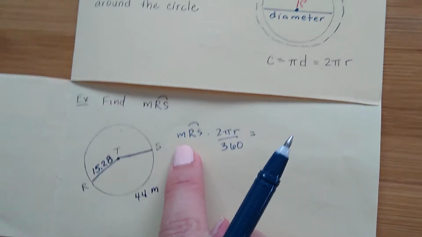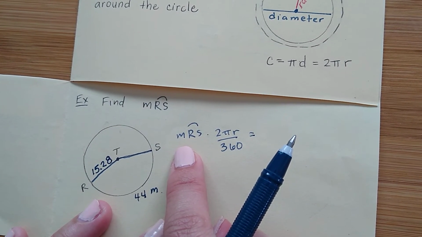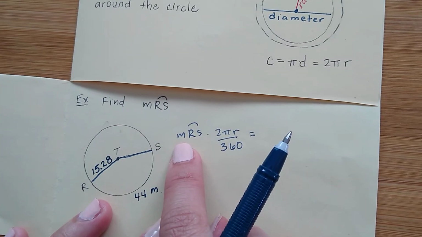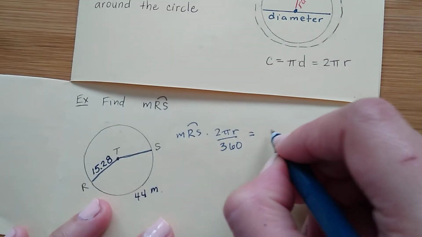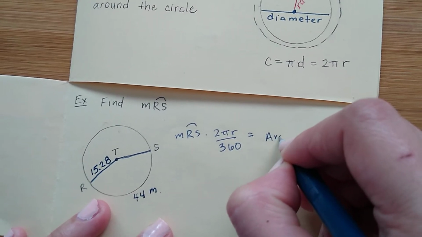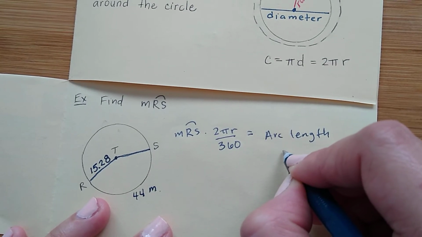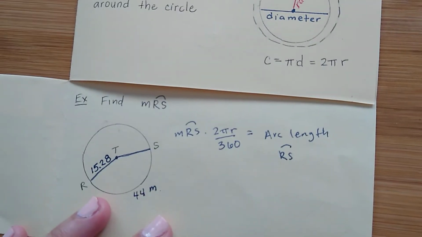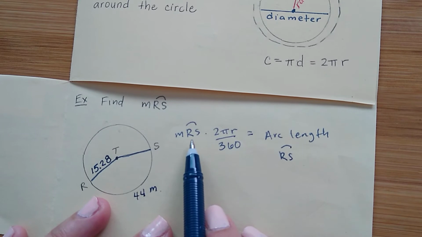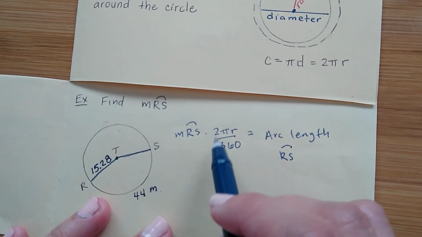Okay, so in this case, I have the original formula: the measurement of arc RS equals the arc length of the arc RS. But it's a little bit different because we are looking for this portion.